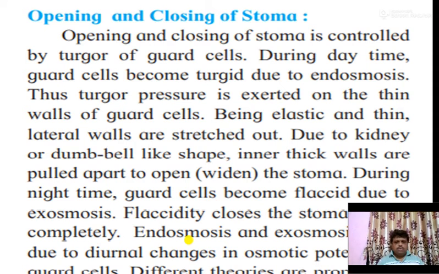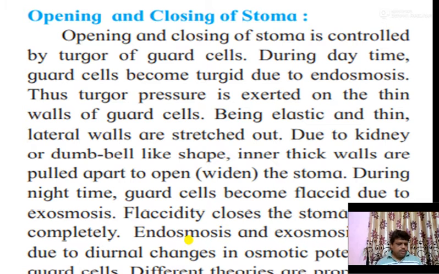Now just see the accessory cells which are present in the surrounding area of the stomata. These are specialized epidermal cells surrounding the guard cells. Their number is variable and they are reservoirs of K plus ions.